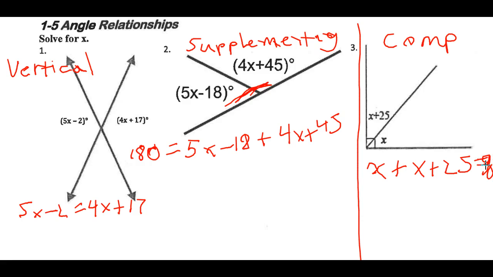So we would have 2x plus 25 equals 90. Okay, so I have these three equations now set up. Go ahead and finish this off and solve all three of these.